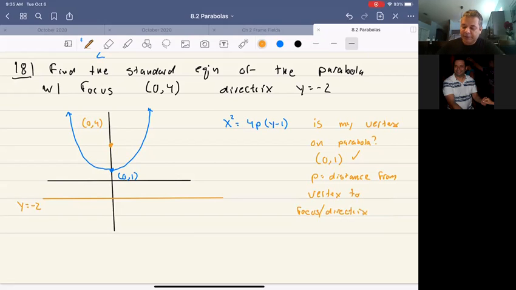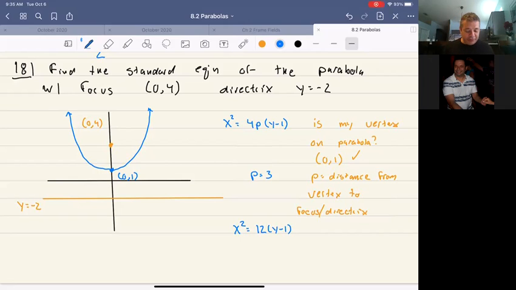In this case, p equals 3. So we end up getting x squared equals 12(y minus 1).